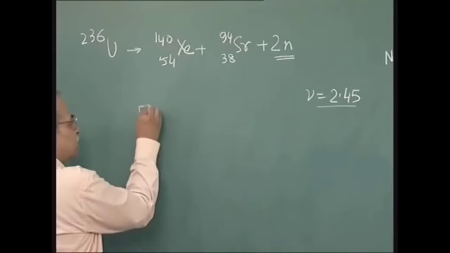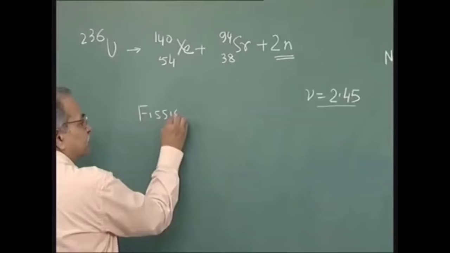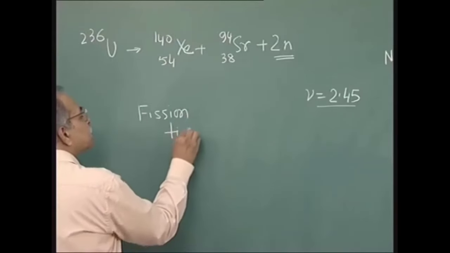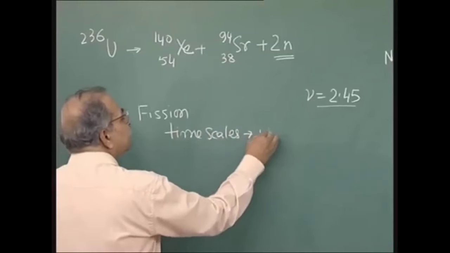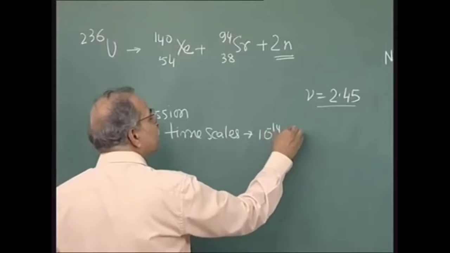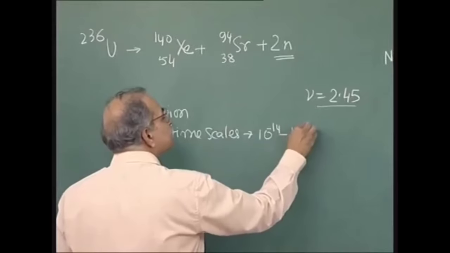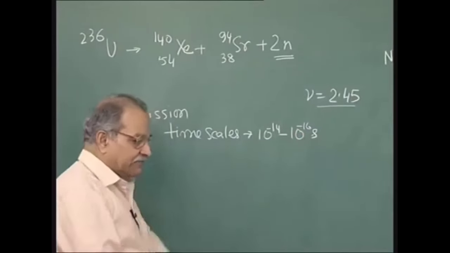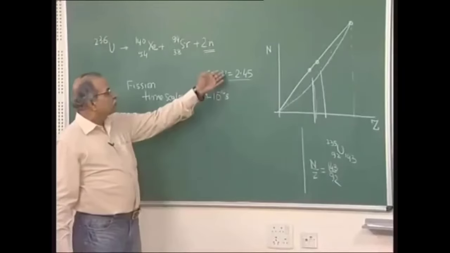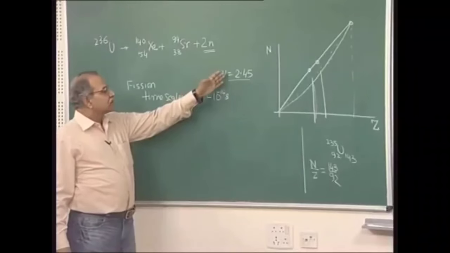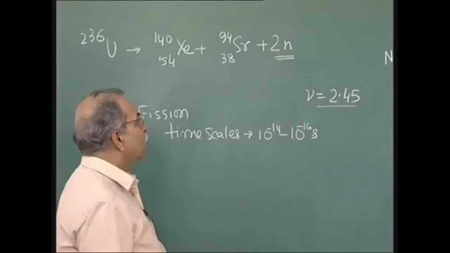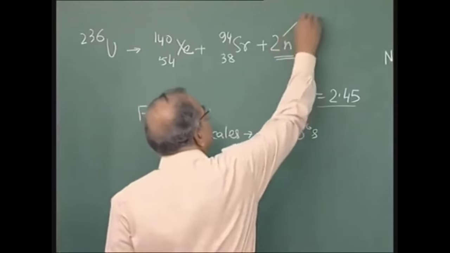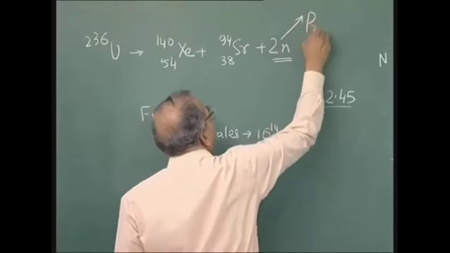The fission time scales are something like 10 to the power minus 14 to 10 to the power minus 16 seconds, and as fission takes place almost together these neutrons are coming out. So, these neutrons are called prompt neutrons.